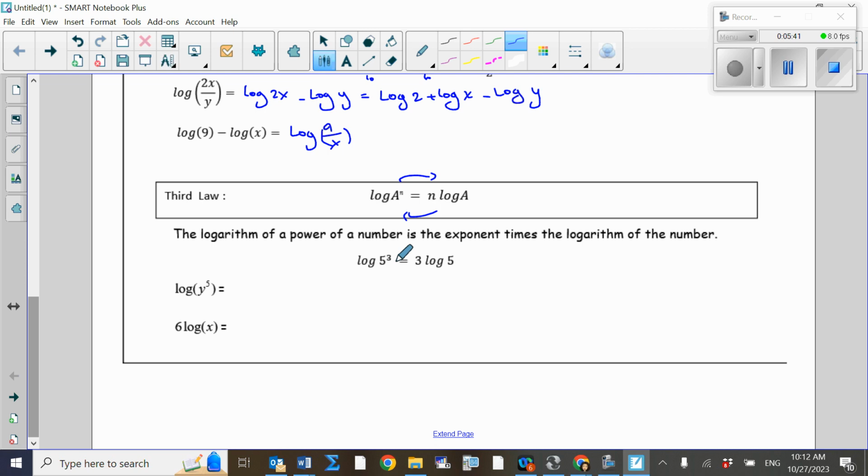So here's this example. If I have log of 5 to the power of 3, I can rewrite as 3 log of 5. That means I can move the 3 to the front of the log. So here's another example, log of y to the power of 5. Move the 5 to the front of the log, and this could be 5 log of y.